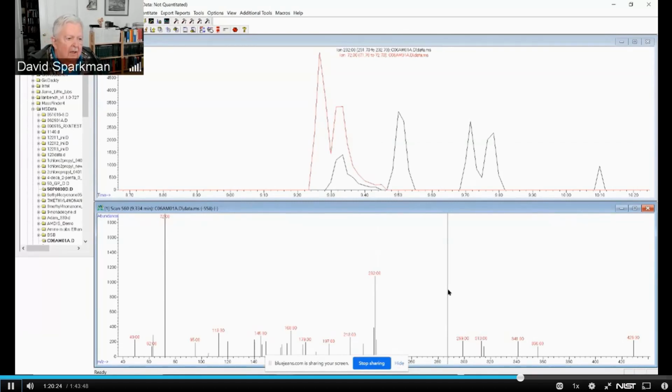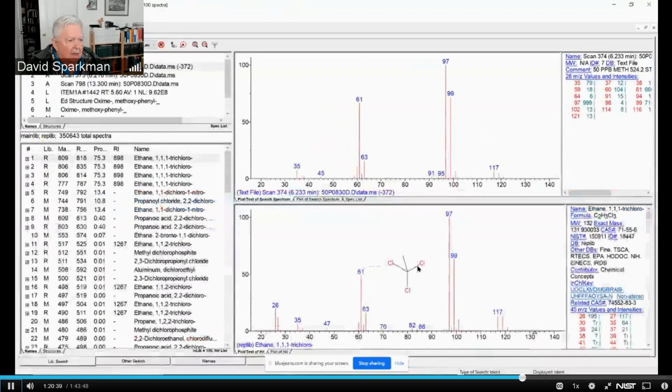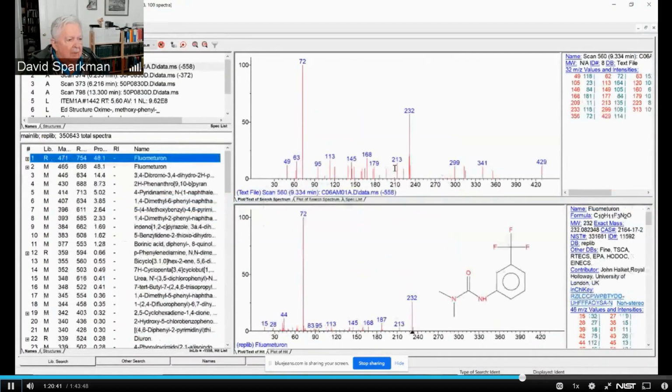So I've got an aromatic compound that contains 2 atoms of nitrogen and contains fluorine. So I'm now going to search that spectrum against the library, and what that comes up with is this is my first hit.